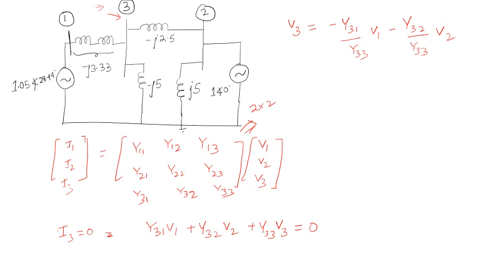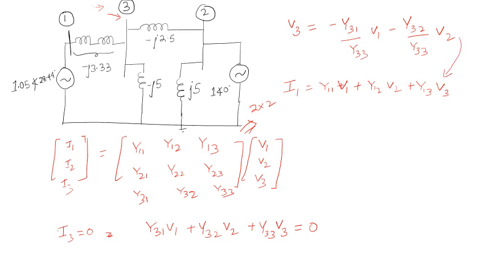So V3 is in this form. Putting this equation into the first two equations, the first is I1 is equal to Y11 V1 plus Y12 V2 plus Y13 V3. In place of V3 just put this equation here.